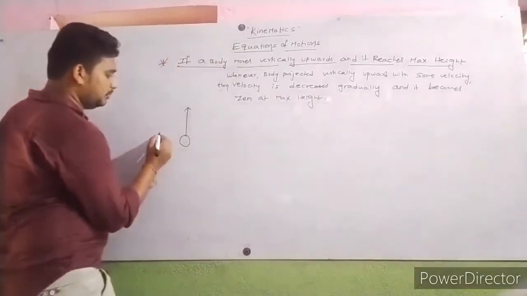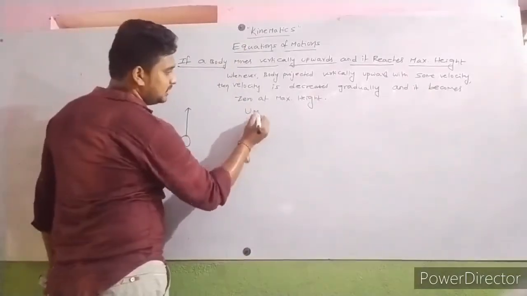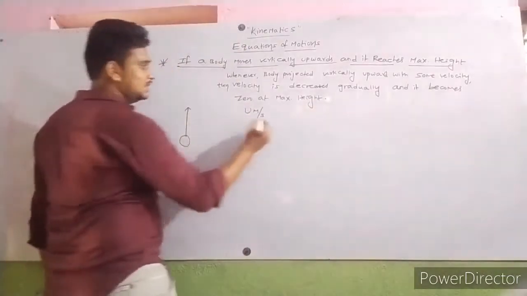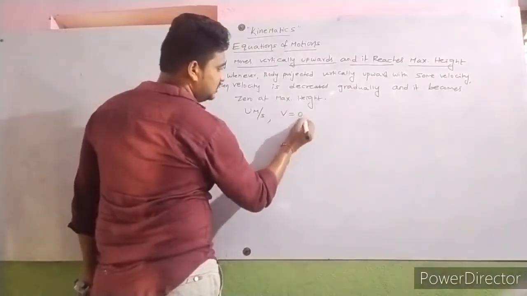So here the body is projected with initial velocity u meter per second, and the final velocity is 0.